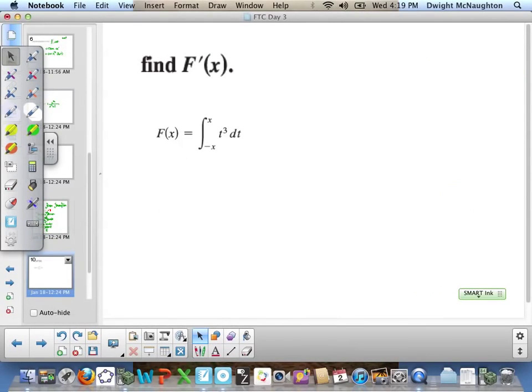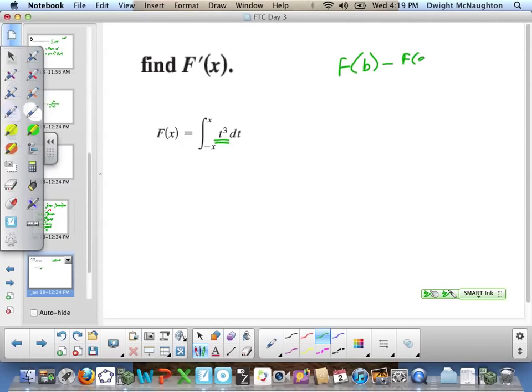Now, I promised a shortcut. Well, the shortcut, remember the first fundamental theorem? F of b minus f of a. All right, well, derivative of the antiderivative, plug that in, x cubed, minus derivative of the antiderivative, plug that in, negative x cubed, simplify.